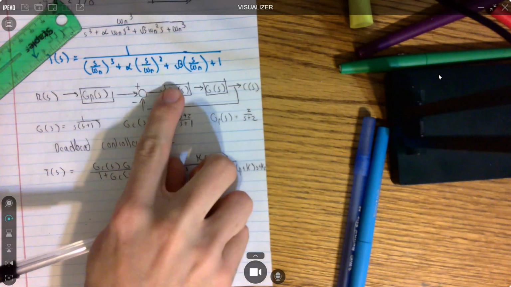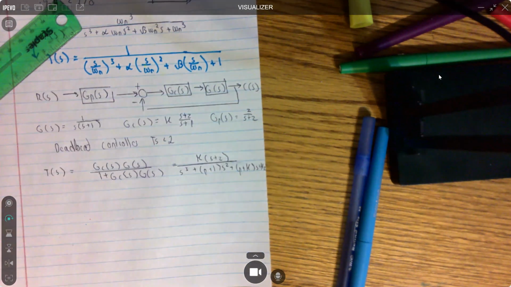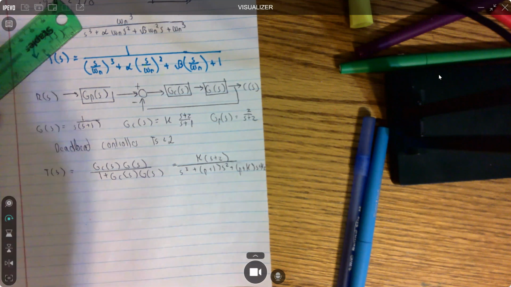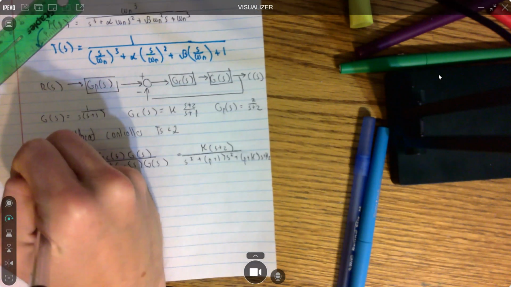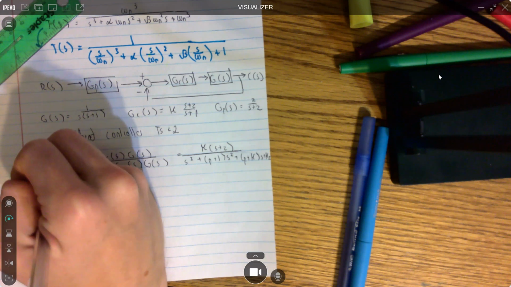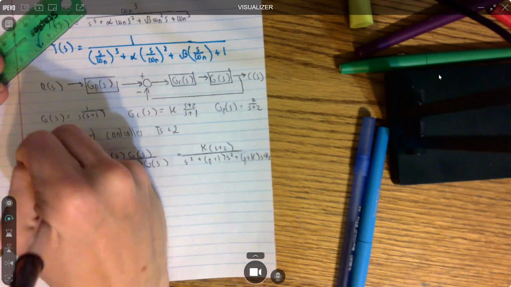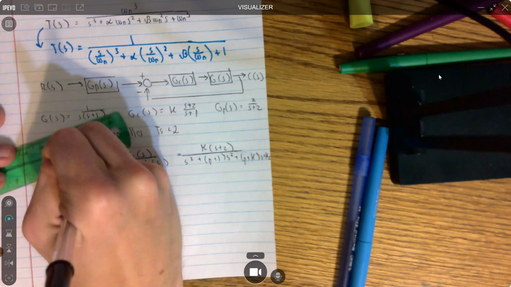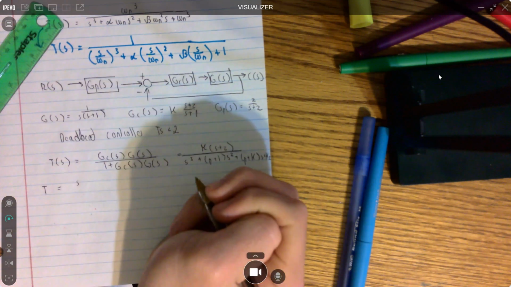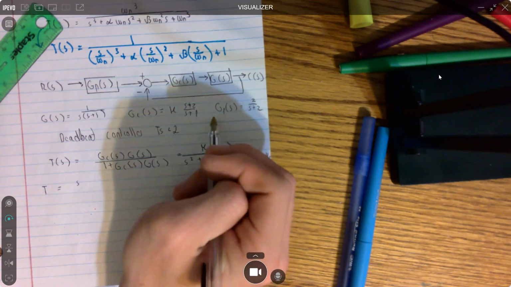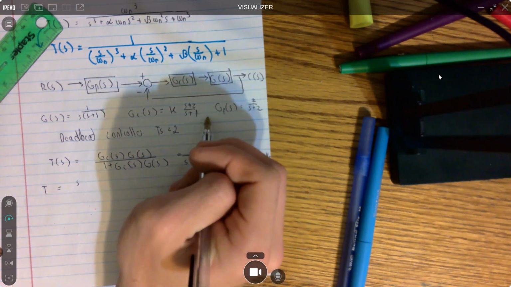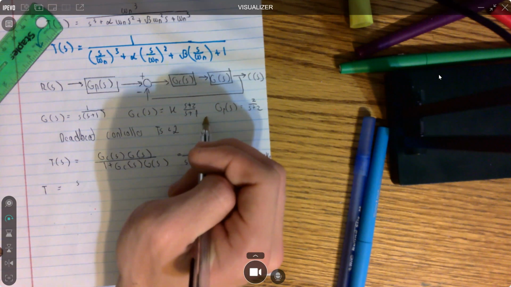But remember, you need to multiply that by the pre-filter. This is just our transfer function, but for our entire transfer function we need to multiply by that pre-filter, which is given to us by z over s plus c here.